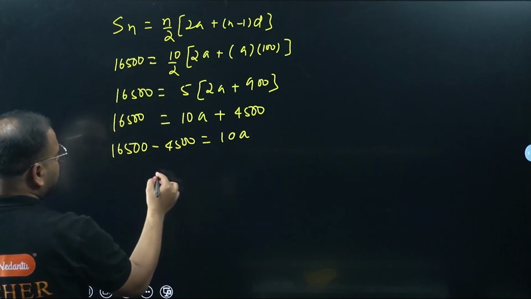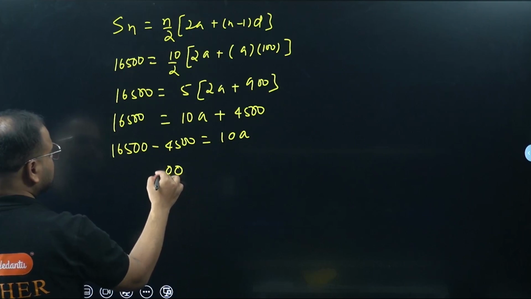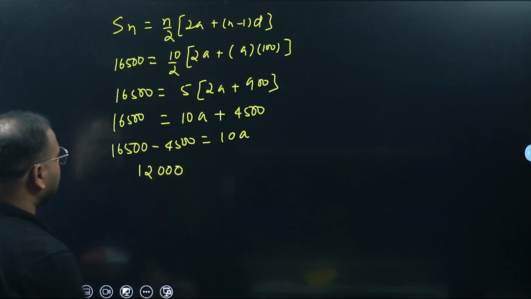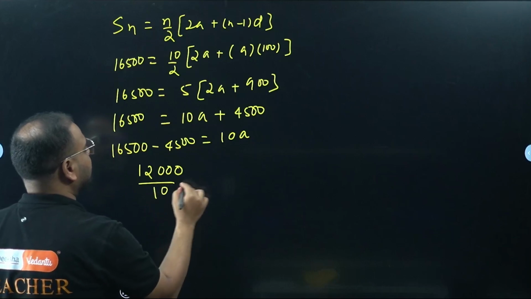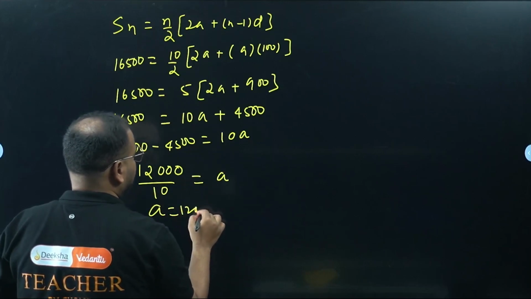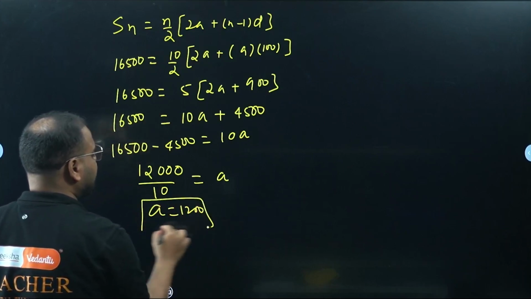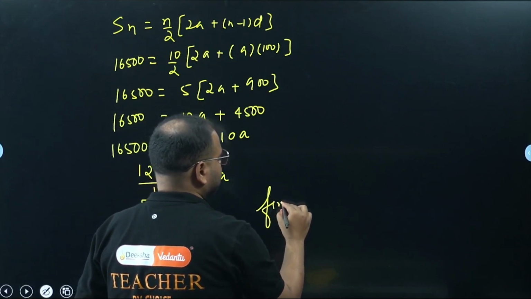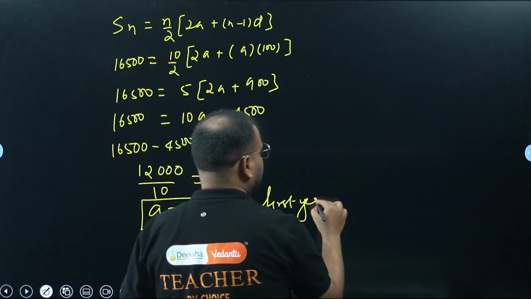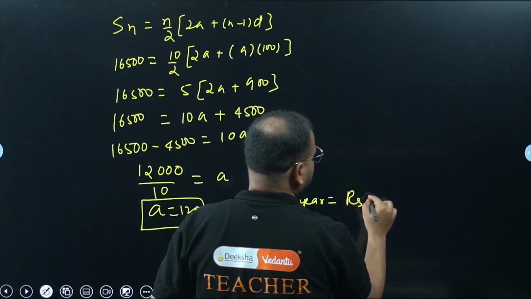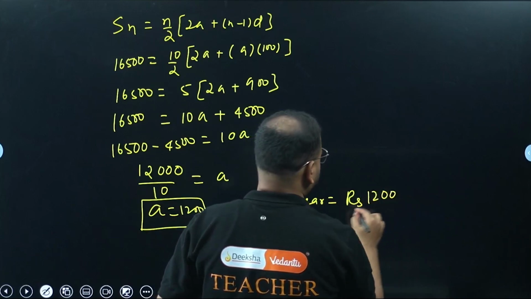This is going to be 12000. Divide by 10. What is my a? 1200. So what is the amount he saved the first year? The amount he saved first year is nothing but rupees 1200.